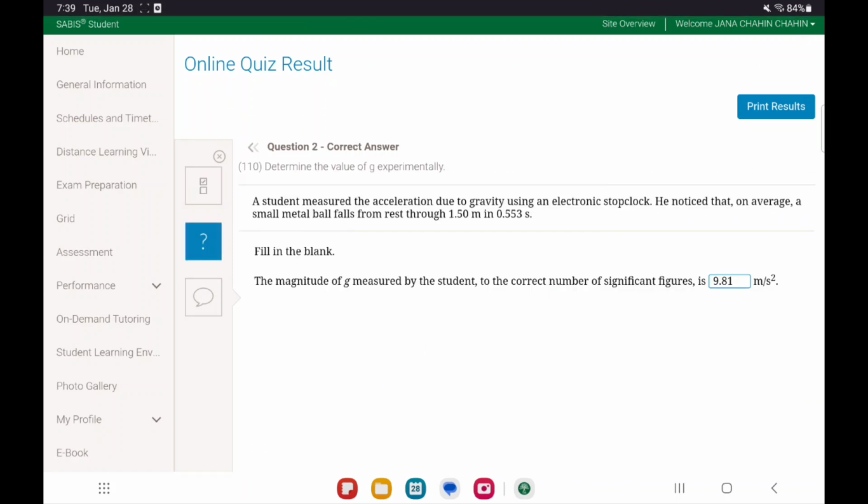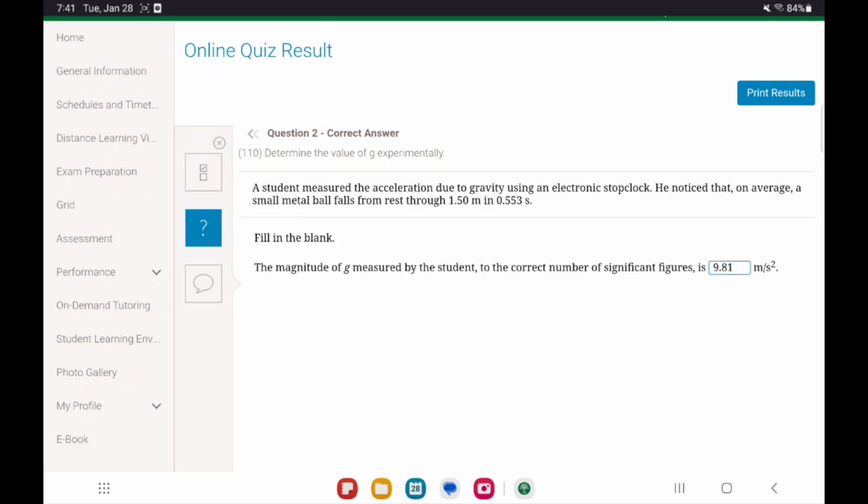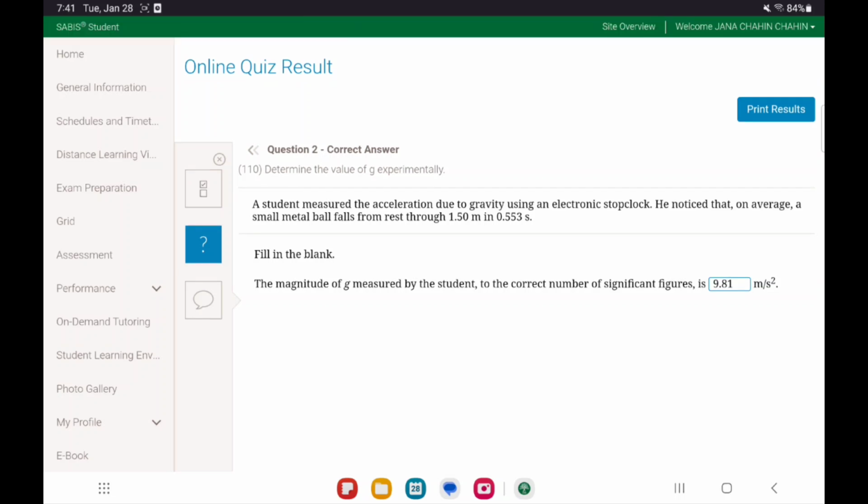The magnitude of g measured by the tube. So we need g. For this question, they're asking for the magnitude of g, which is the acceleration due to gravity. So we know we want to find a.